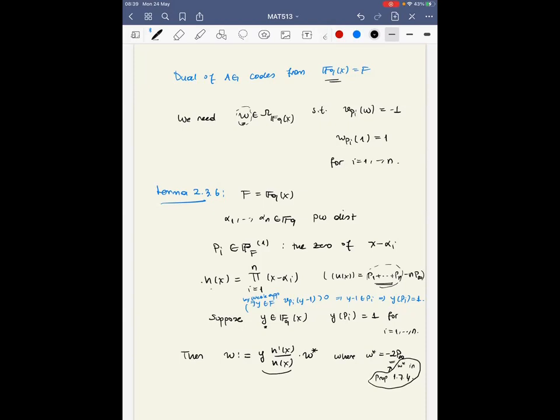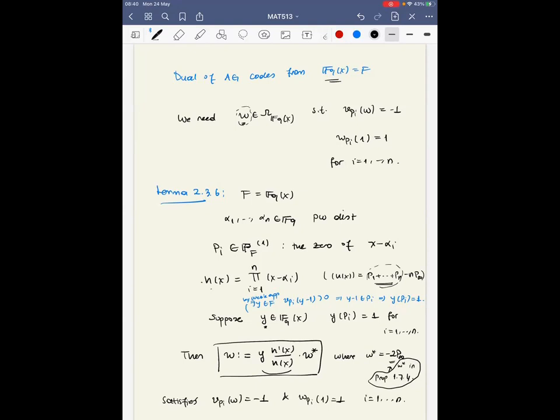And if we set this Weil differential, indeed we can see that it satisfies these two desired properties. That means it has poles at P_i of order 1, and its local component at P_i is equal to 1 for each i.